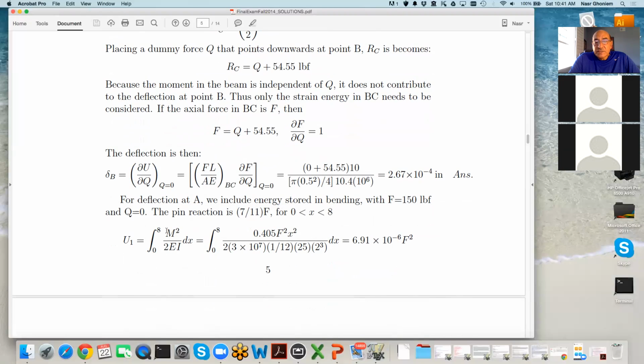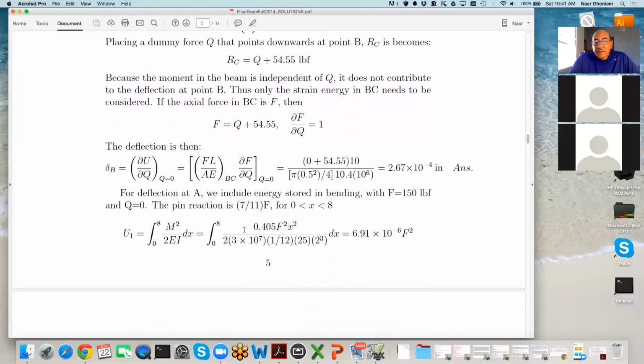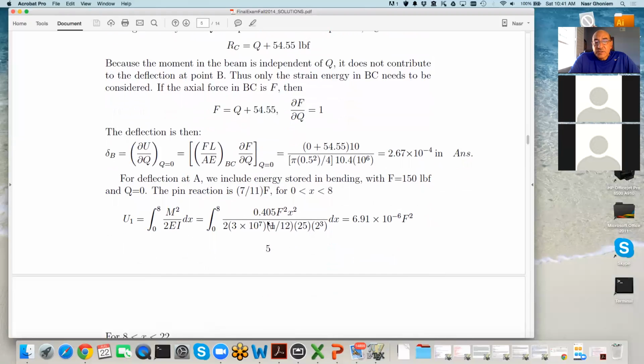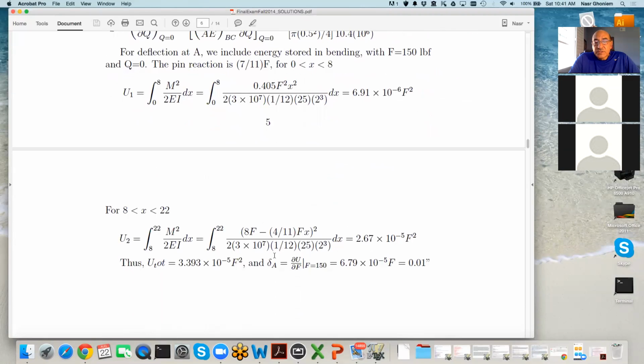So you take the derivative of this, you have M squared over 2EI dx. Then you take the derivative with respect to the Q force to get the energy. So this is U1, and this is U2, and then it's U total.